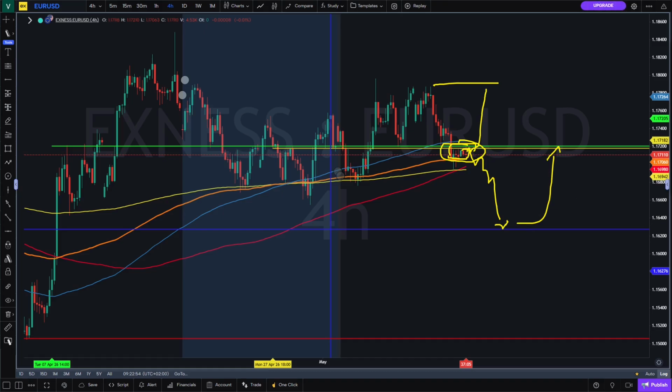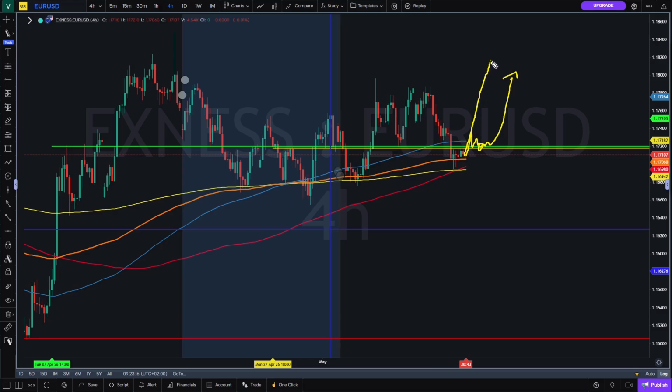Remember, another thing that you have to remember is that after a high impact news, price doesn't move randomly at all. This simply means that if we do break to the upside, the move will come down to give us buying opportunities, and then continuation to the upside.